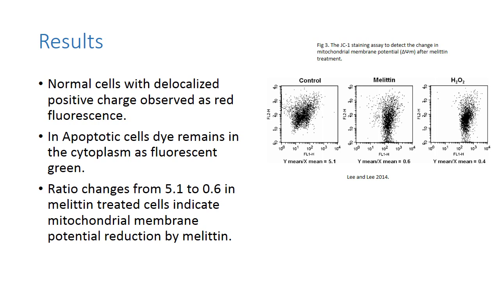The ratios of the y-axis to the x-axis changed from 5.1 to 0.6 in melittin-treated cells, which indicates that there were changes in the mitochondrial membrane permeability. And as this paper discusses, the application of melittin to cells tends to cause changes in the permeability, allowing more substances to go in and out of the cells.